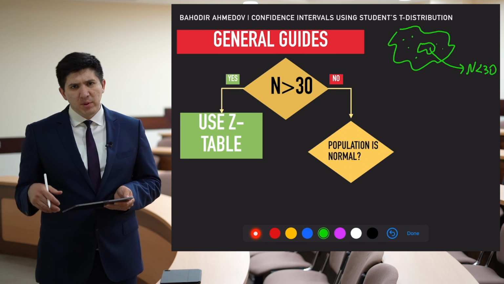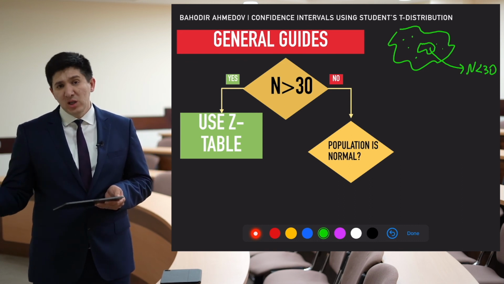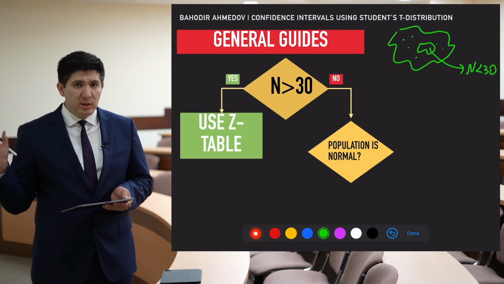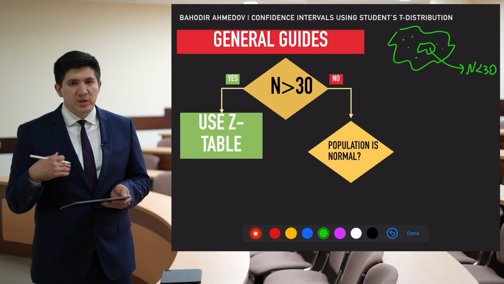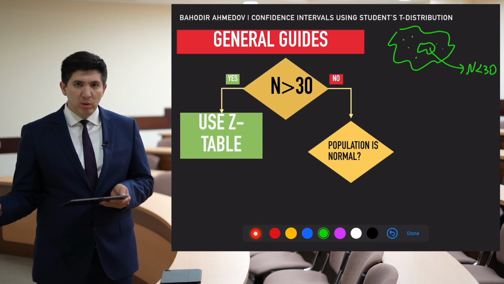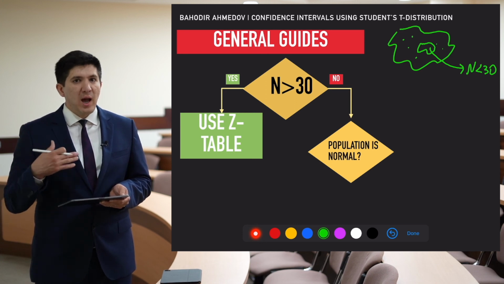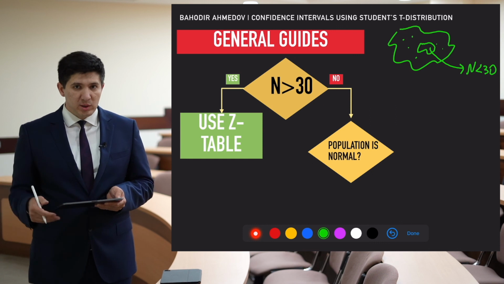For example, if you would like to estimate the average IQ scores of people, you would assume that IQ scores have a normal distribution, which is a really good assumption. Or if you would like to estimate the average height of people, you can assume that heights have a normal distribution, which is a really good approximation.